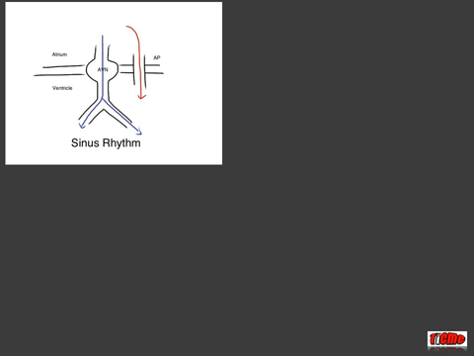Okay, so I'm going to help you understand accessory pathway conduction now graphically. So let's look at what occurs in normal sinus rhythm. So this is in a patient with Wolff-Parkinson-White. In normal sinus rhythm we have signal generation above the AV node. It's conducted down the AV node, but it's also conducted down the accessory pathway, causing ventricular early depolarization, which is the pre-excitation phase, which is a short PR interval and a delta wave.